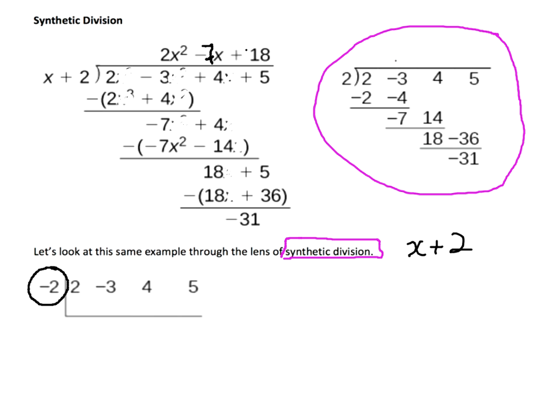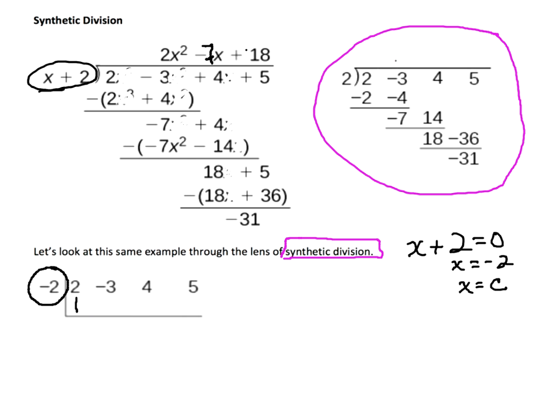I covered up. Okay, so there we go. You can see that this came from a factor of x plus 2. If we were using the zero product property, that'd be x plus 2 equals 0, so x is negative 2. When you run it through synthetic division, that's what you use. We call that value C. You use your C value to do synthetic division.